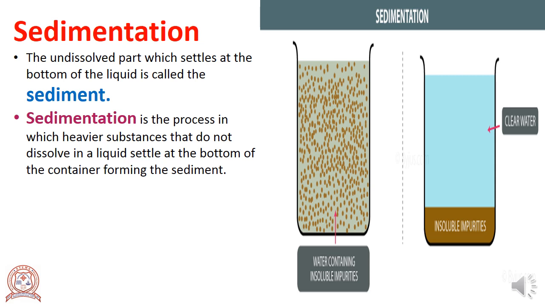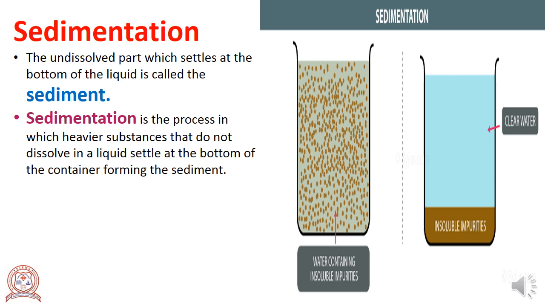You already learned all these methods in the lower classes. So let us see what sedimentation is in detail. Sedimentation allows the separation of undissolved solid particles from a liquid.